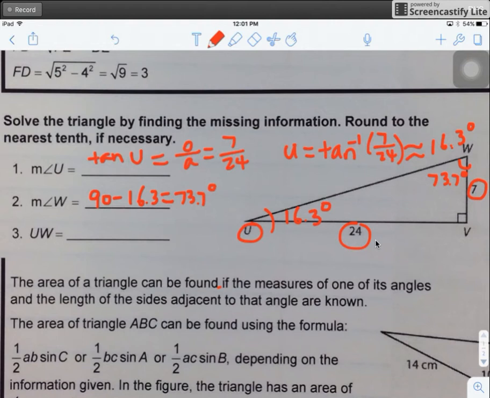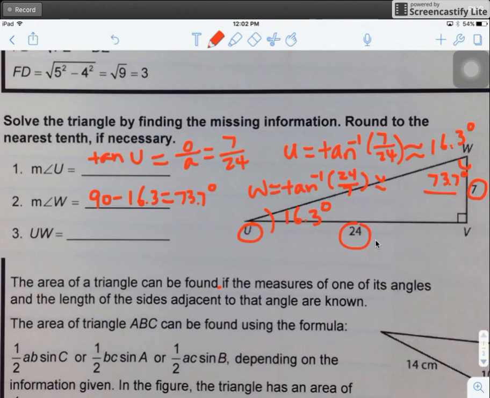Another way is to also set up a tangent ratio to solve for the unknown angle, just like we did earlier. So we can say that angle W is the inverse tangent of opposite, which is 24 over 7. And if you solve that, you will also get the same angle of 73.7 degrees.